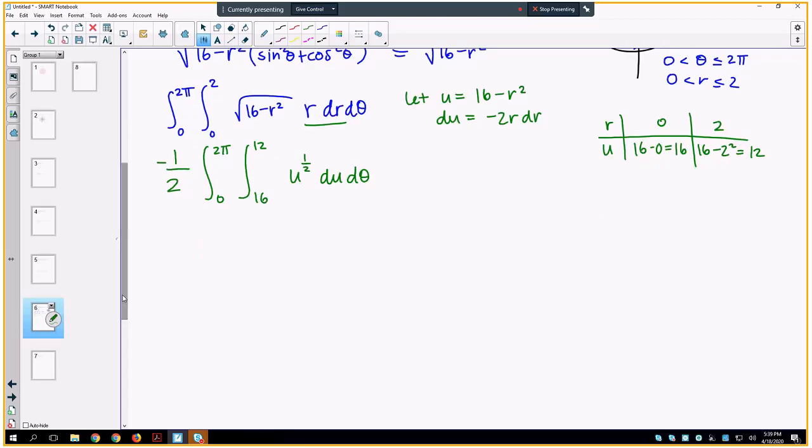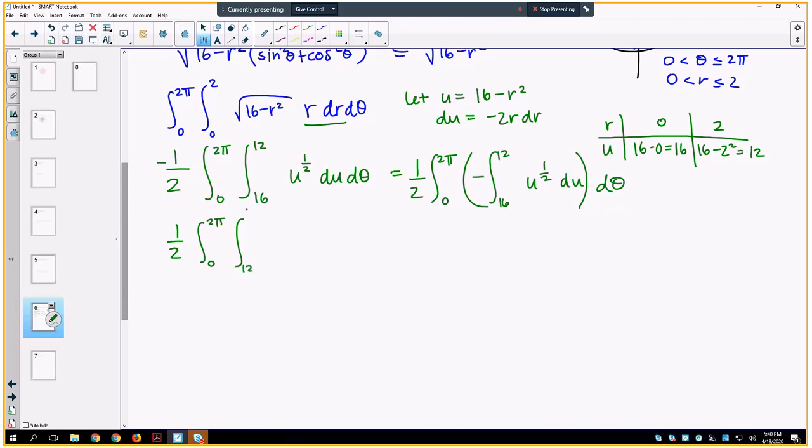And because integration from 16 to 12 looks a little strange, I'm going to say this is 1/2 times integration 0 to 2 pi times negative integration 16 to 12. And I know that by changing the sign from negative to positive, I get to switch my bounds. So I get to say 12 to 16.